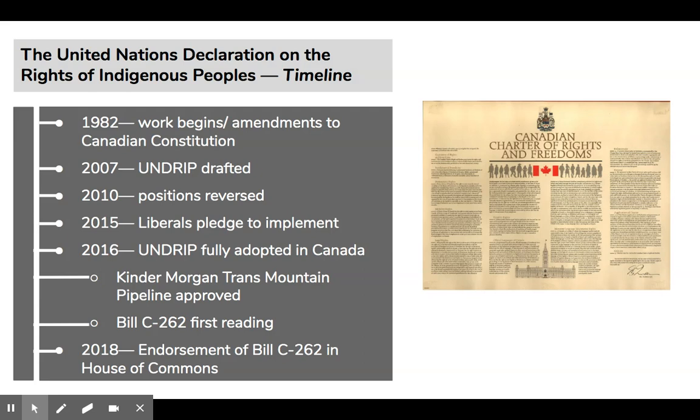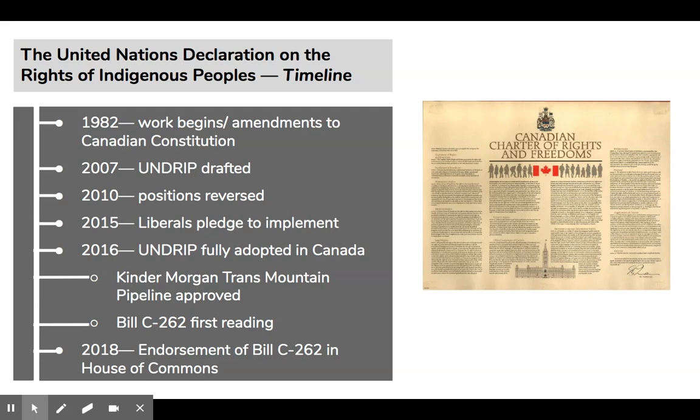Just a short 25 years later, the UNDRIP was drafted in 2007. At this time, the Declaration was adopted by 143 countries around the world. While 11 abstained and 34 others were absent from discussions, only 4 countries were actually against it.